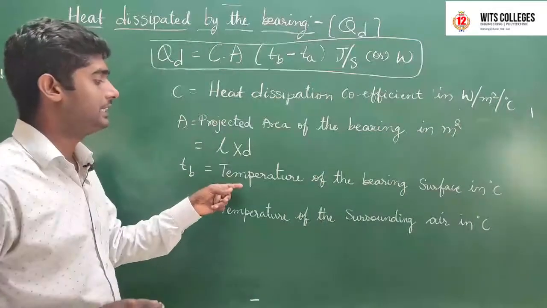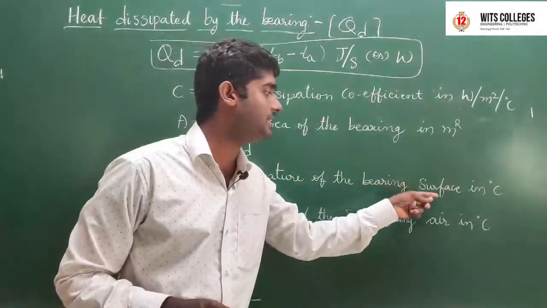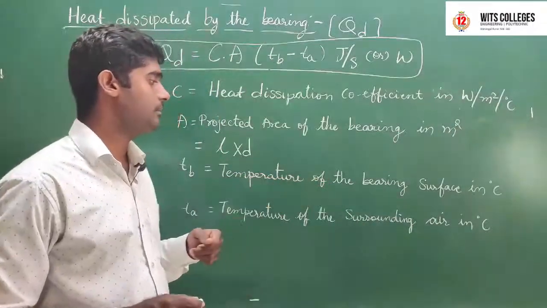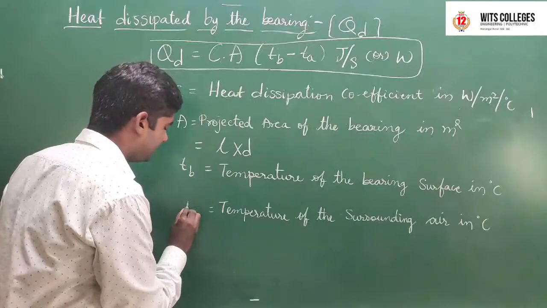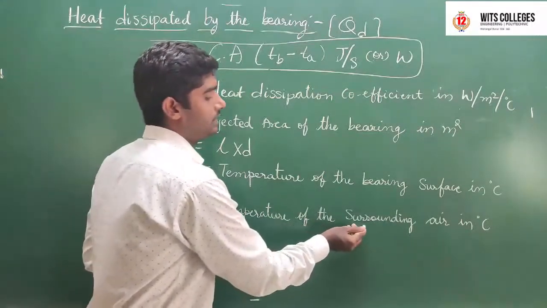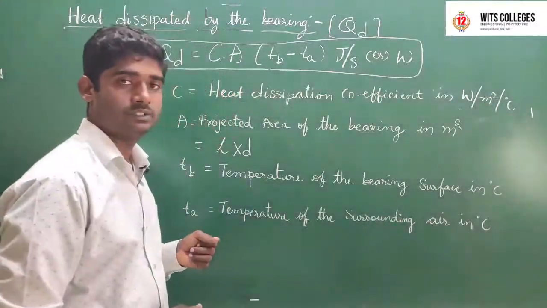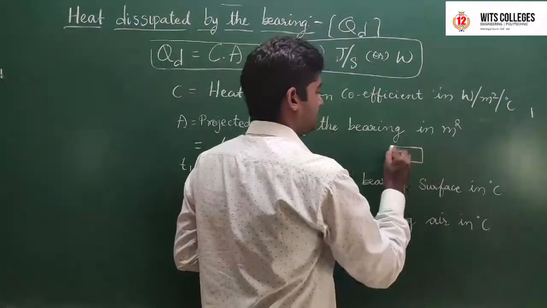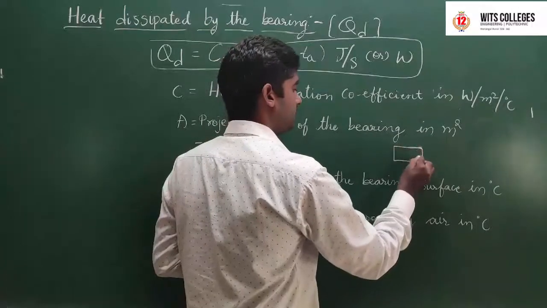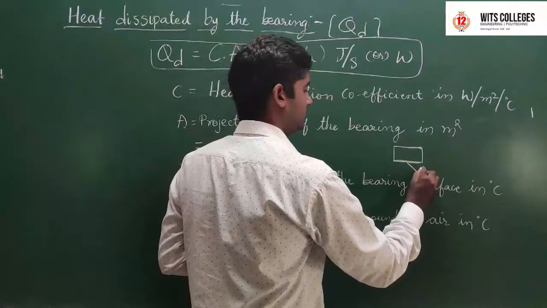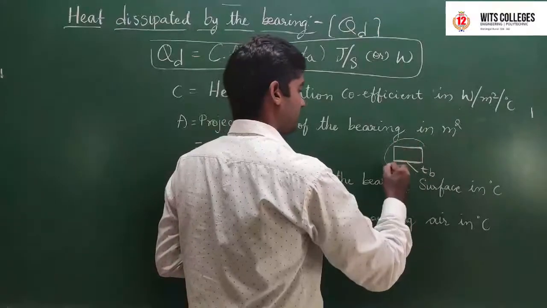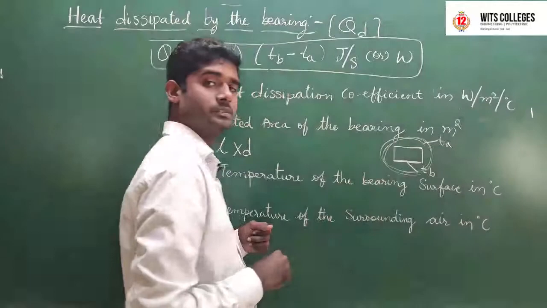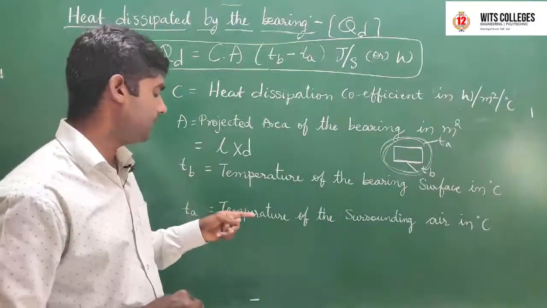TB means the temperature of the bearing surface in degree Celsius. TA is the temperature of the surrounding air. This is TB and TA.